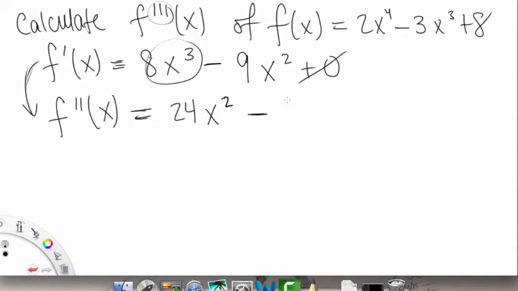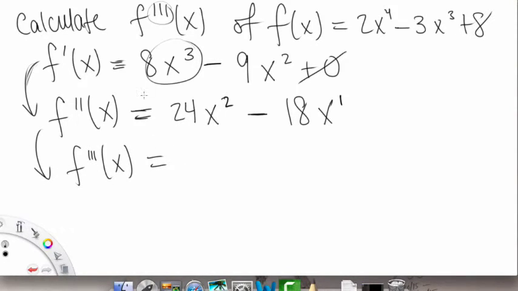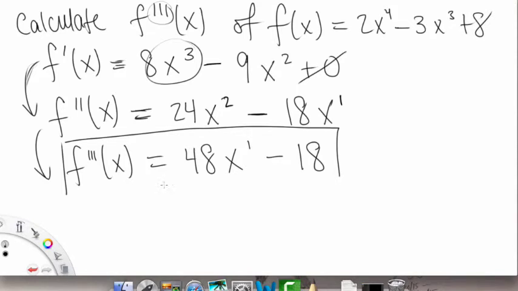Then here we have 9 times 2, that would be 18x to the 1 power. Now we're almost there. We're going to make one more leap to f triple prime of x. Again we differentiate. 24 times 2, the 2 comes down, so 48x to the 1 power minus 18. So we found our answer. This is f triple prime of x.